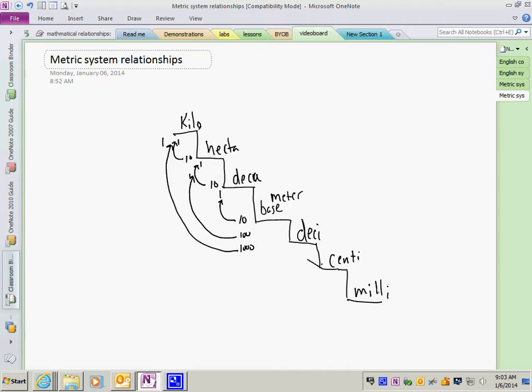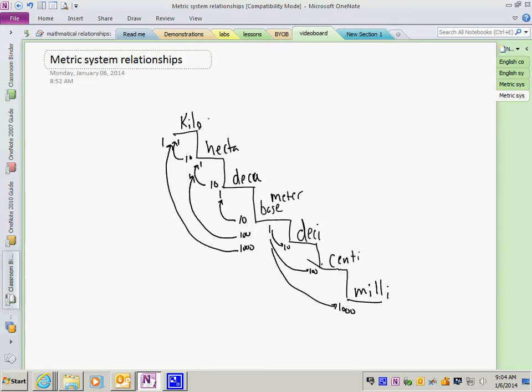Same thing going down. In this case, there would be 1 meter equals 10 decis, or 100 centis, or 1,000 millis. Of course, milli means 1/thousandth.